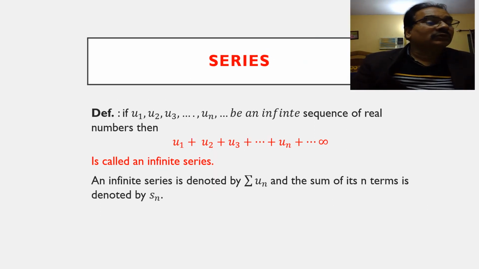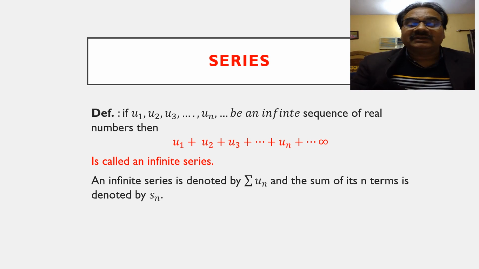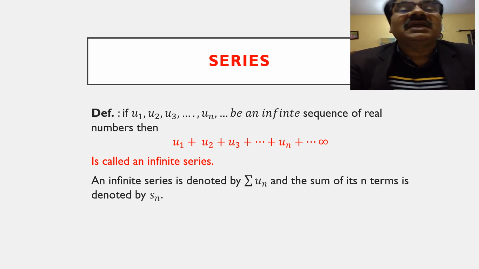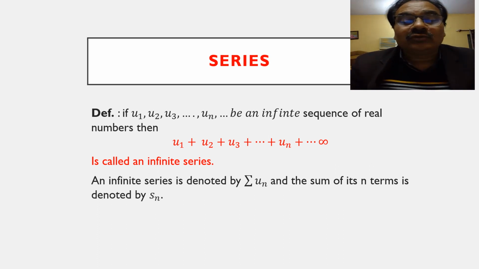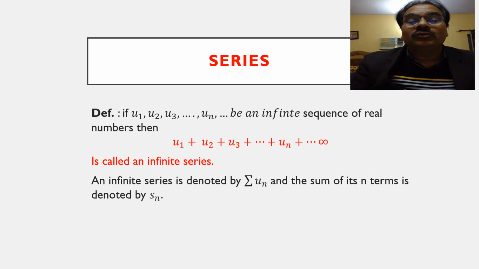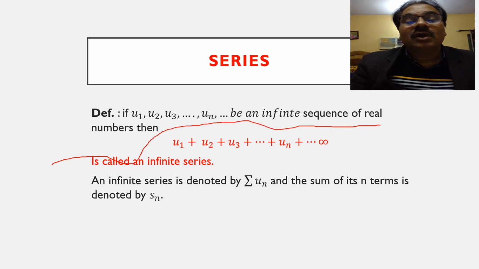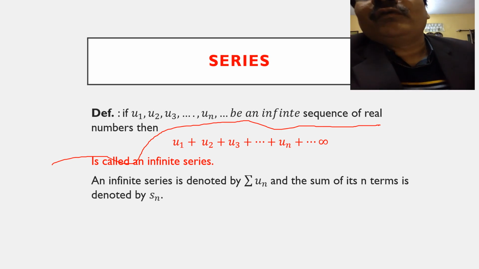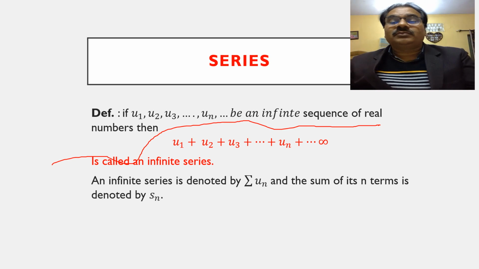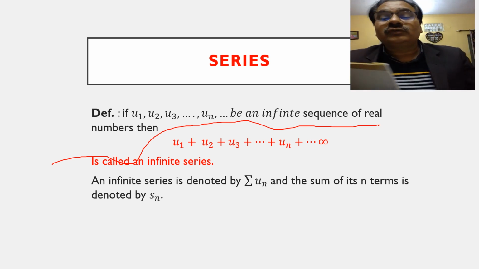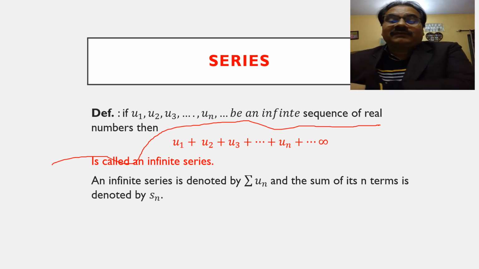Now, if you go by the mathematical definition of the series at the UG level, then you must say: if u1, u2, u3 up to un is an infinite sequence of real numbers, then u1 plus u2 plus u3 plus u4, all these values up to un as n goes to infinity, is called an infinite series.